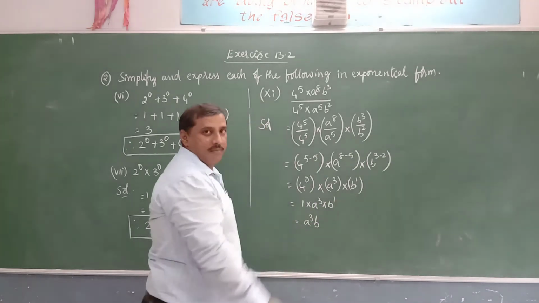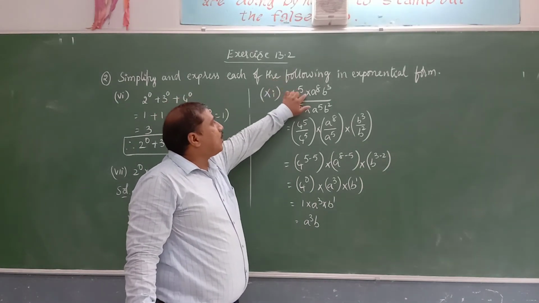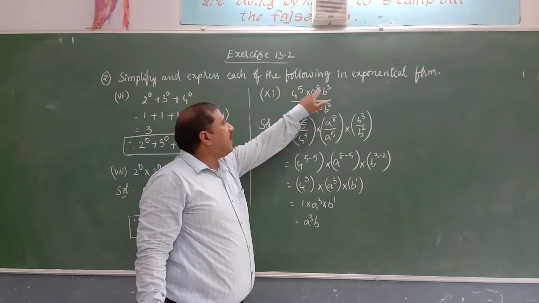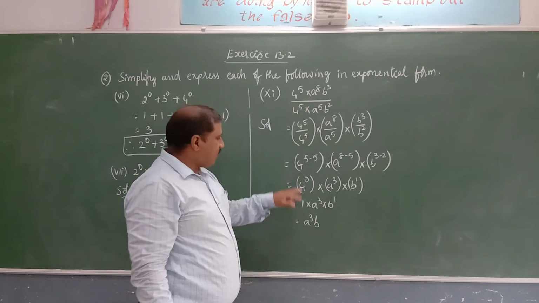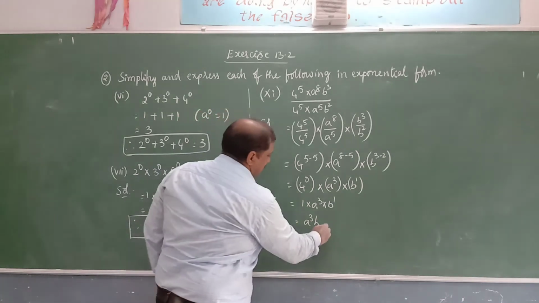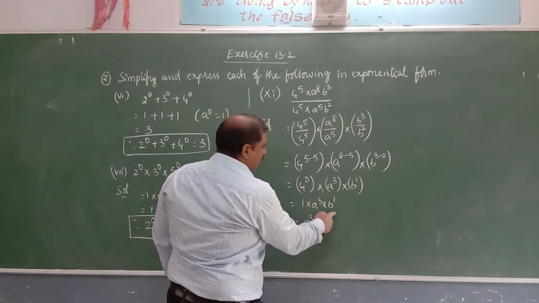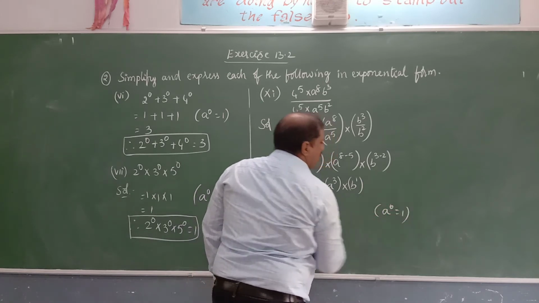So therefore 4 to the power of 5 into a to the power of 8 into b cube divided by 4 to the power of 5 into a to the power of 5 into b square is equal to a cube b. We will get the result. So for this, which law did we apply here? Write that law: a power 0 is equal to 1.